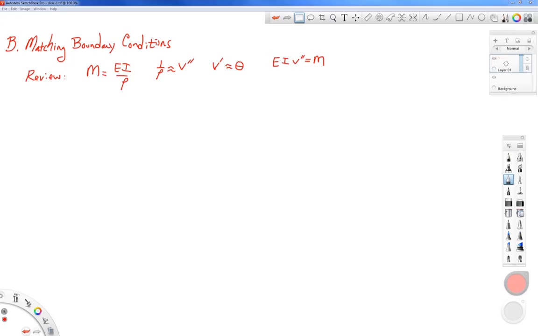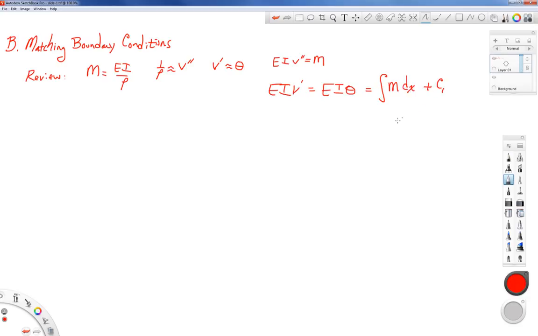And so when we put all of this together, we end up with this equation that says EI v double prime is equal to M. And if E and I are constant, when we integrate this, we have EI v prime, which is the slope, is equal to one integral of the moment equation.